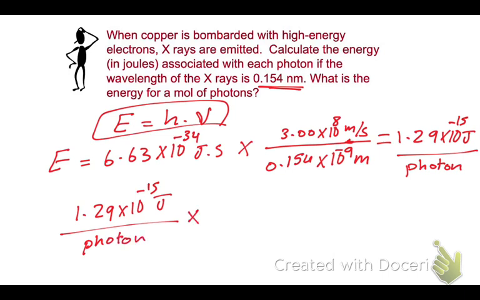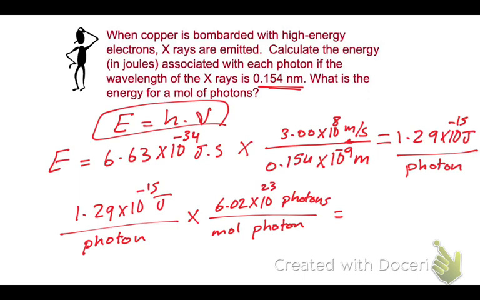And now there is 6.02 times 10 to the power 23 photons for every 1 mole of photons.